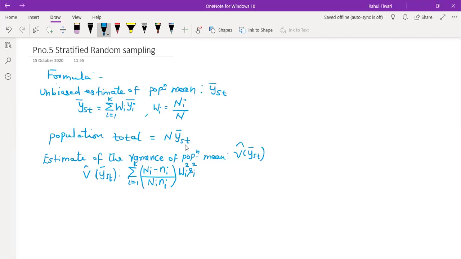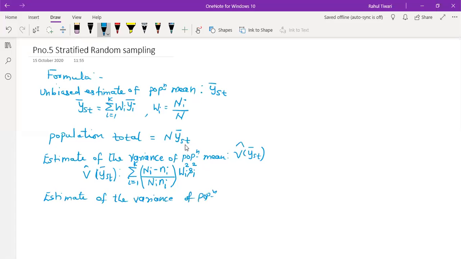Now suppose we are interested in obtaining the variance of the population total.